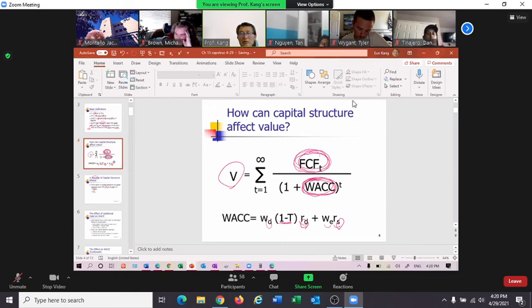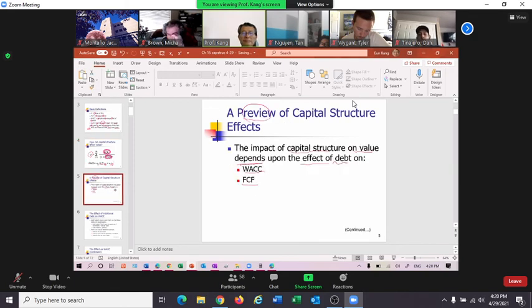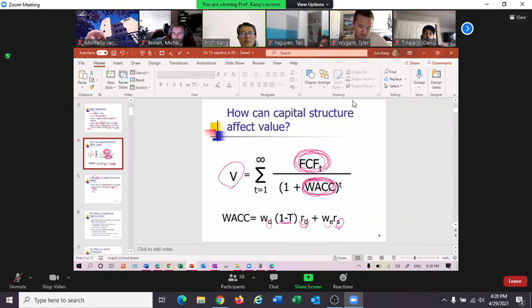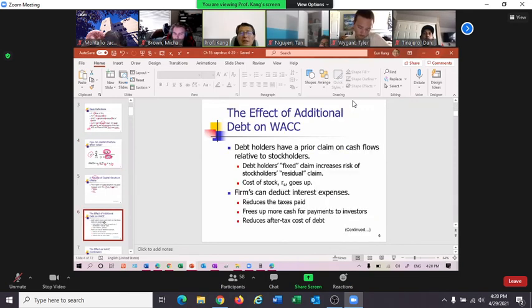So capital structure means how it affects free cash flow and WACC, right? Pretty obvious, because value depends on free cash flow and WACC. Then what are the effects of additional debt on WACC?